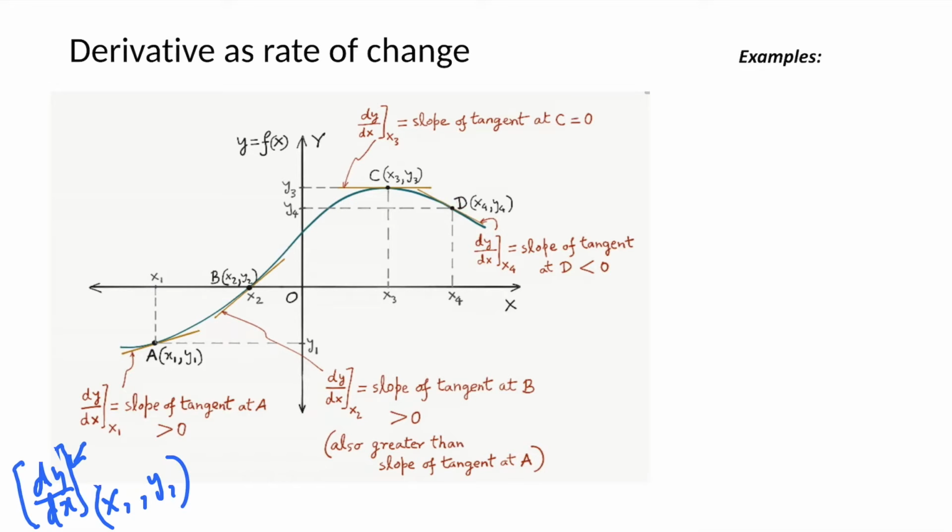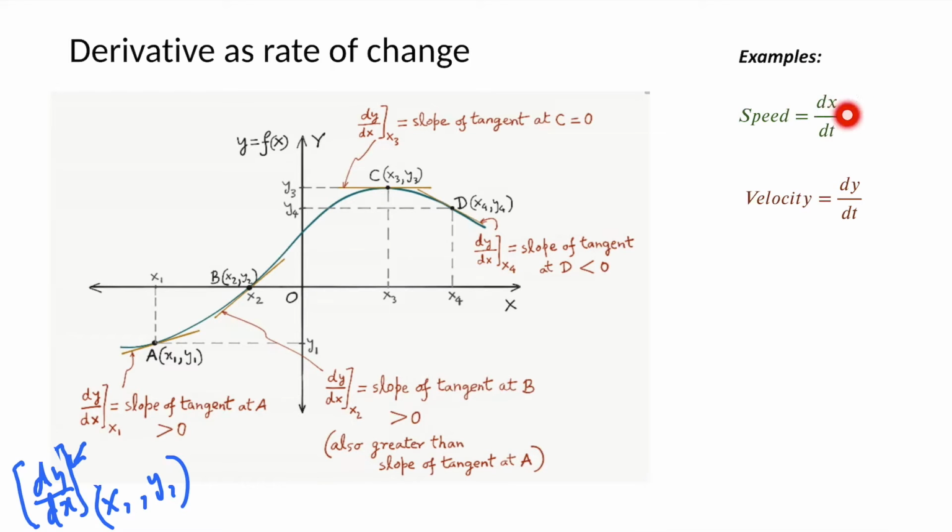For example, in your physics course, you may have come across the notions of speed and velocity, and speed we denote as dx by dt, where x is the distance traveled by a moving object, right. So, when the object is at rest, we say that the speed is 0, which is the case when, as the time passes, the object does not change its position.